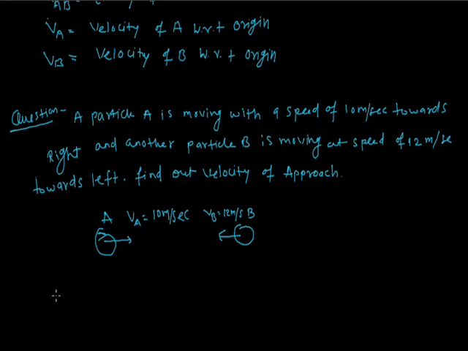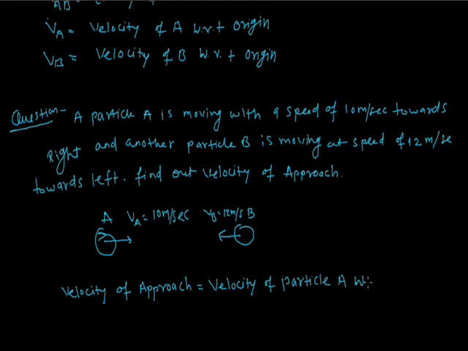This velocity of approach will be the velocity of particle A with respect to B. The velocity of particle A with respect to B is represented as VAB. So what is VAB? VAB is VA minus VB.